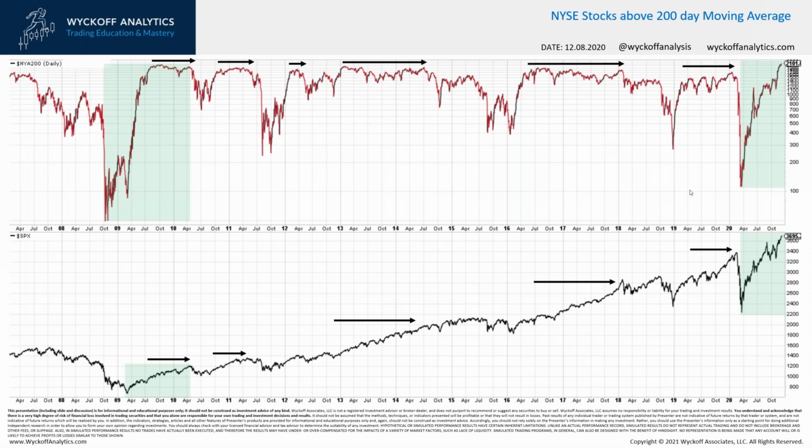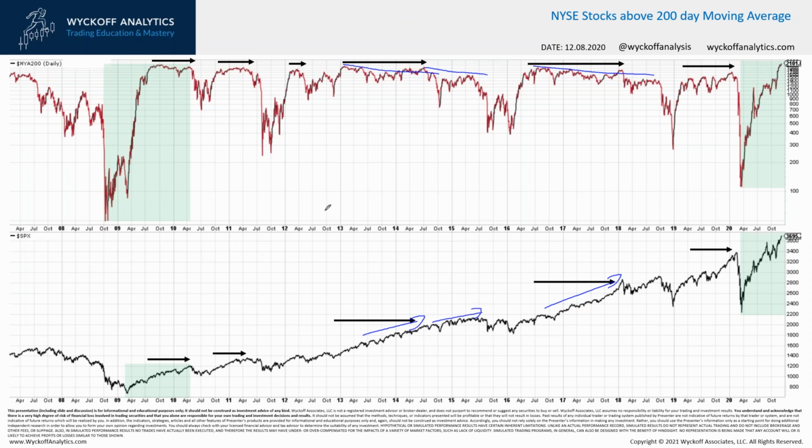Also, there's a different approach that you use when you're identifying distribution and the deterioration of an uptrend, because you can have deterioration in this indicator over long periods of time and still have a robust rising trend. But there comes a place where you have enough deterioration that tells you that you're going to start to lose the index.